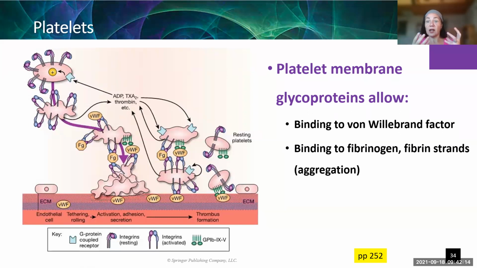There's collagen and there's these von Willebrand factors. I think of those like the really hooky Velcro. Platelets would be passing smoothly along the endothelium, but if one comes in contact with von Willebrand factor, that's going to snag it and hold it in position.